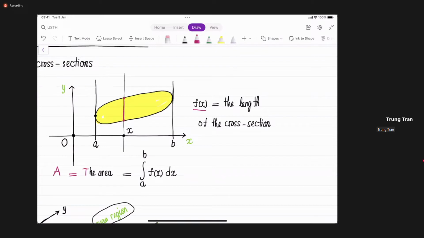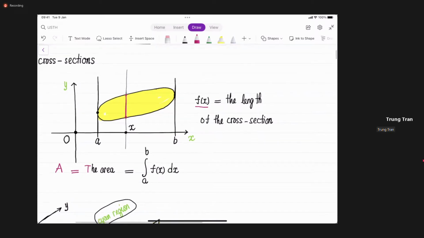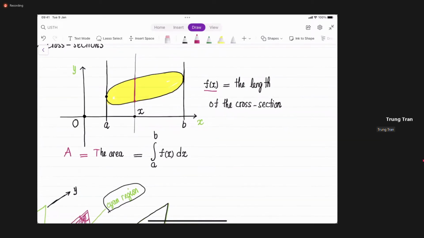Here we have a function f because the length of the cross section is dependent on x. So now you put together to obtain the formula to compute the area of a general region.